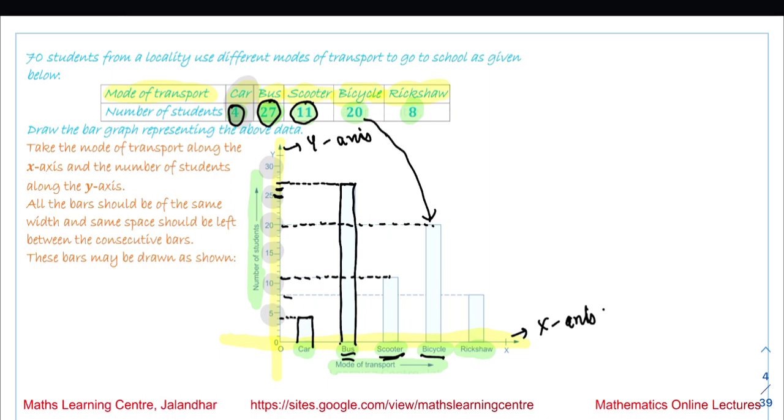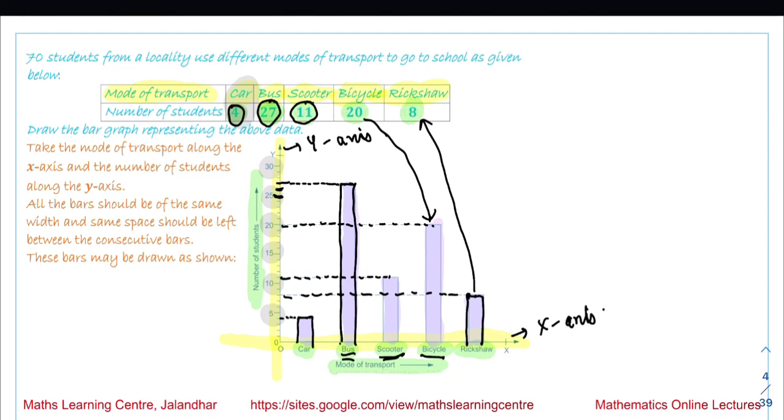And last, rickshaw, a bar constructed up to the height of 8 units. So this is what bar graphs represent. This is the first bar, second bar, third bar, fourth corresponding to bicycle, and fifth corresponding to rickshaw, and their heights represent the frequency of the corresponding mode of transportation.